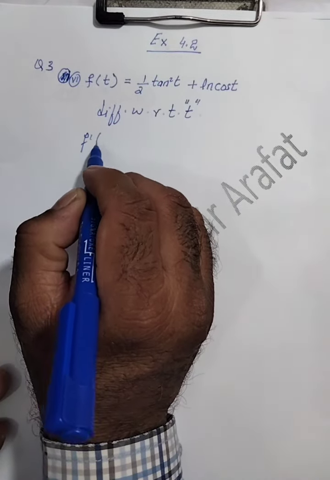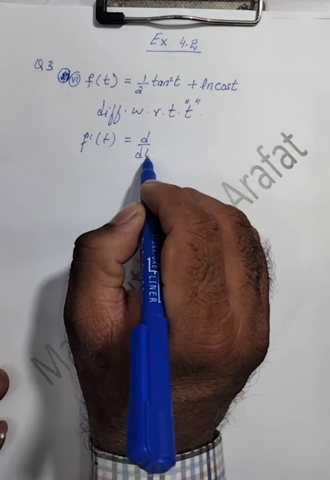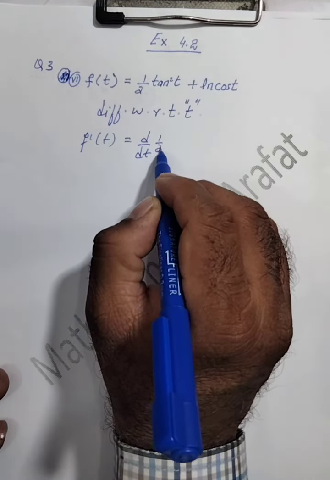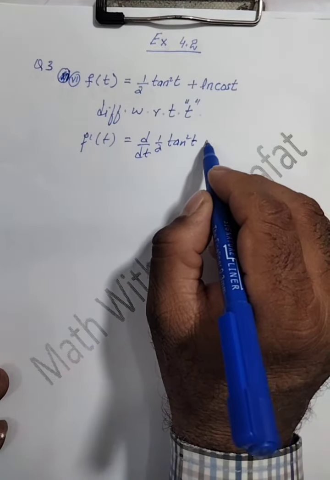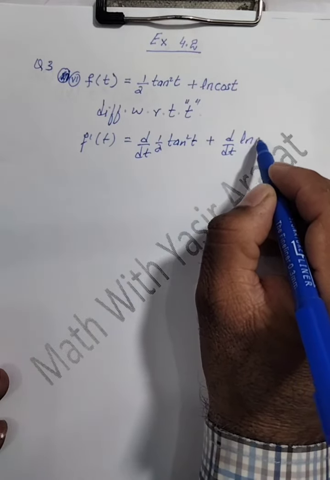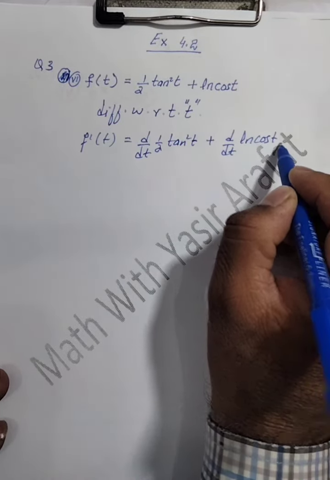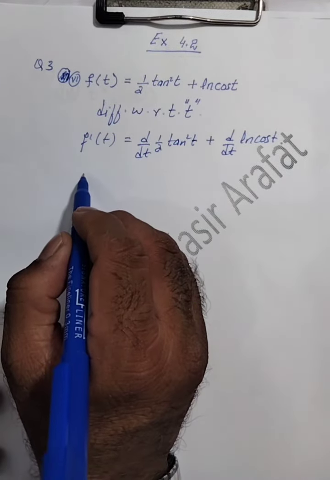So this is f prime t, and here we have to apply the operator d over dt, 1 upon 2 tangent square t plus d over dt of ln of cos t. Apply the operator here separately.